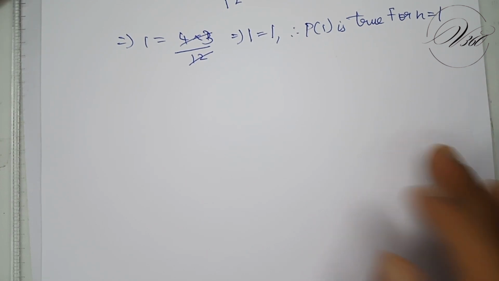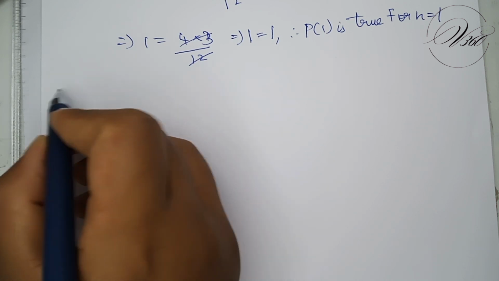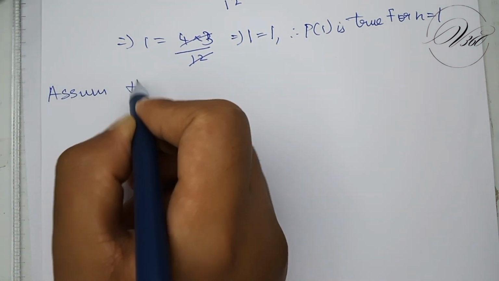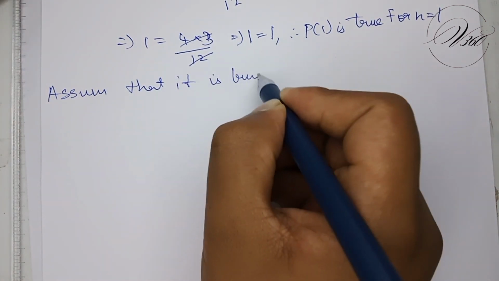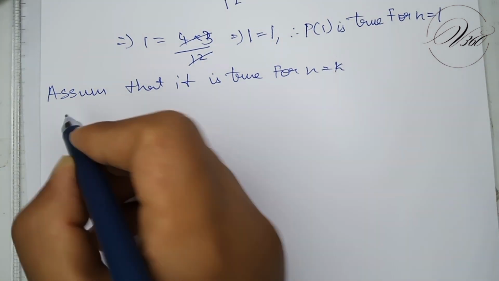So we'll write here, assume that it is true for n is equal to k.